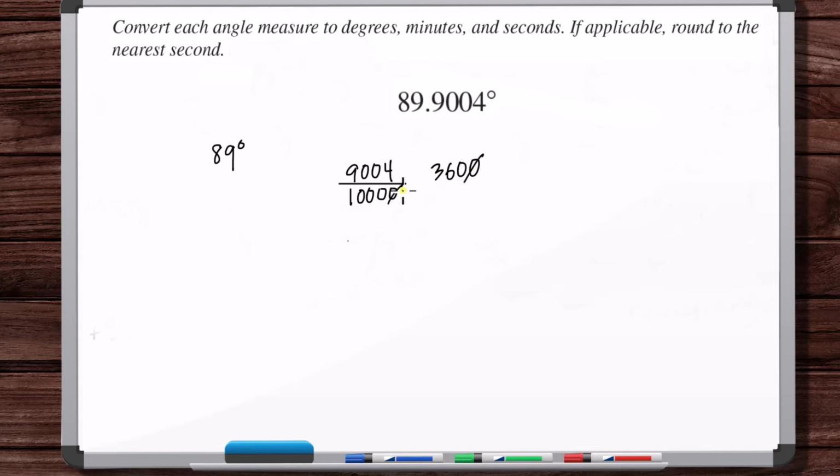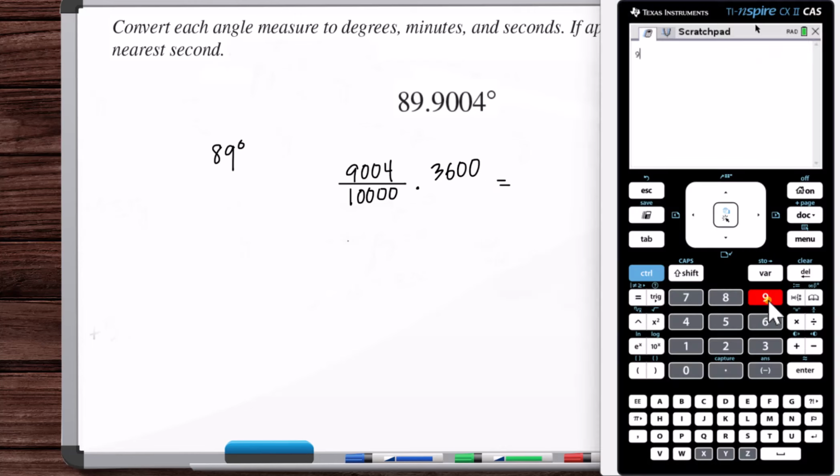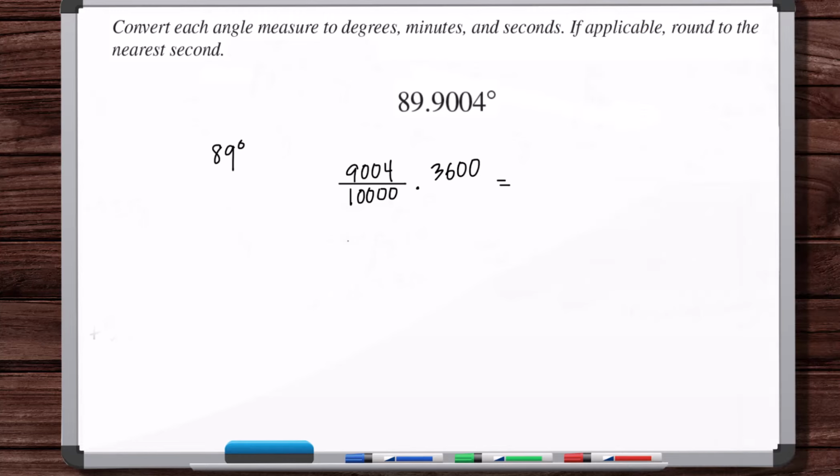Okay, so, I mean, let's just go ahead and use a calculator. So 0.9, and then 81,036 divided by 25.